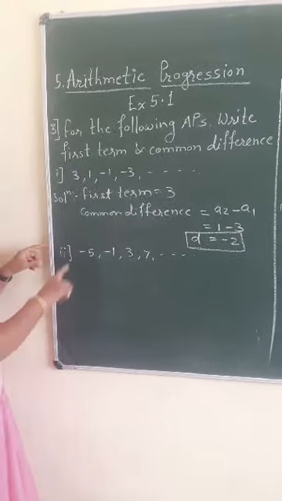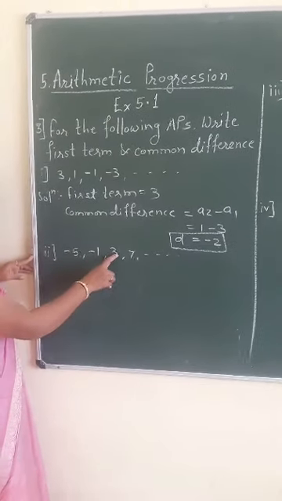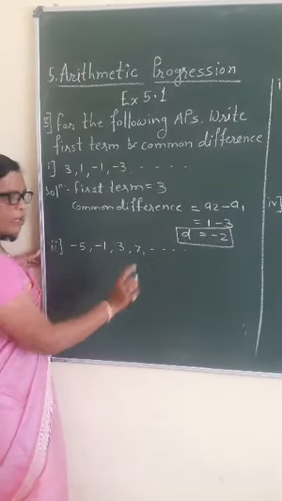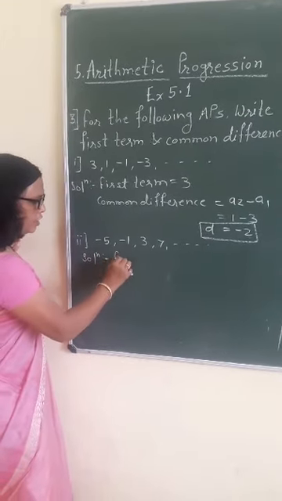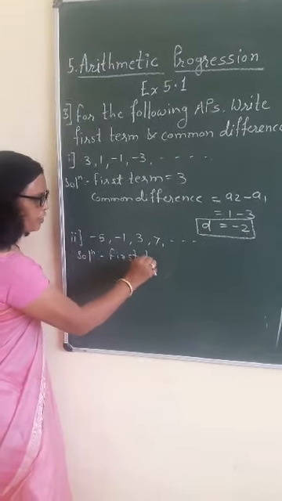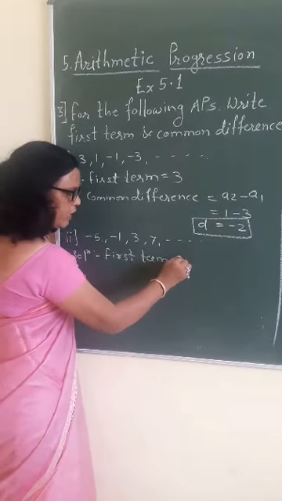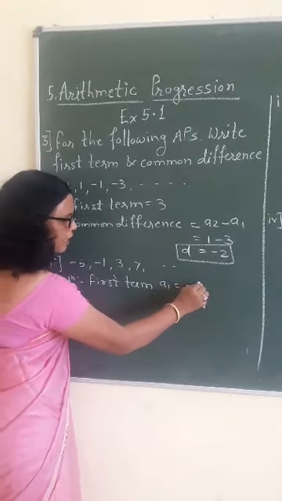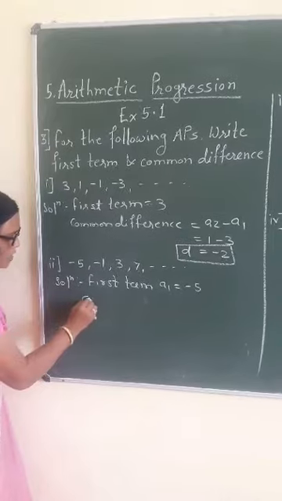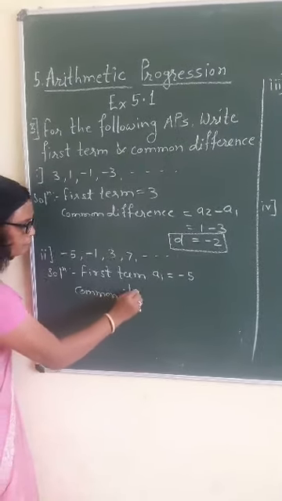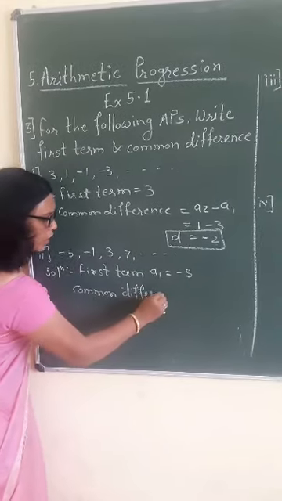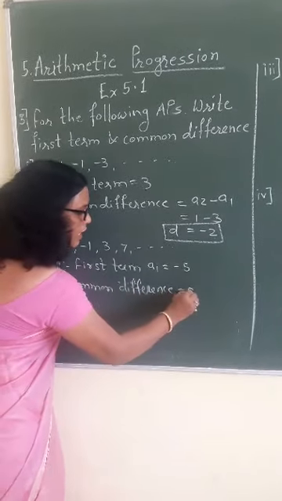The second AP is minus 5, minus 1, 3, 7, dot dot dot. What is the first term here? The first term, which we are calling A1 or A, is minus 5. And what is the common difference? The common difference we are calling D. What's the formula for that?